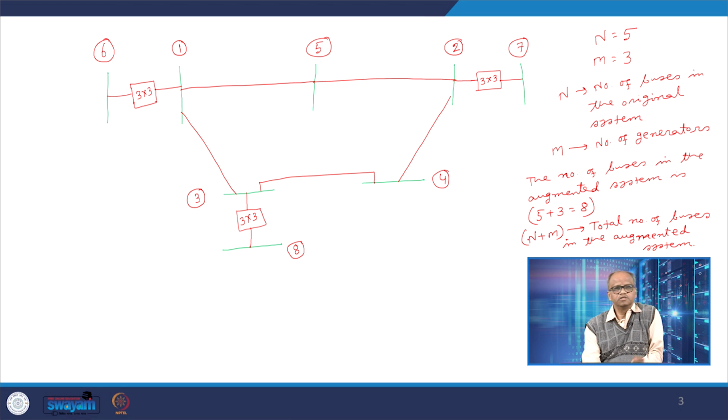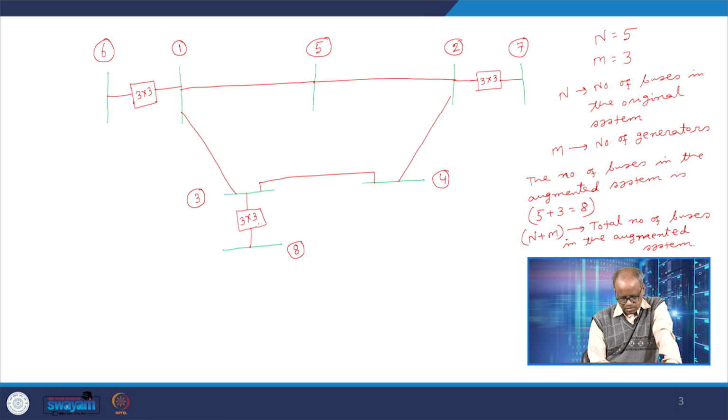For example, here n is equal to 5, m is equal to 3, so it is 8. For any general system with n buses and m generators, the system would be augmented by m internal buses, so the total number of buses would be n plus m.